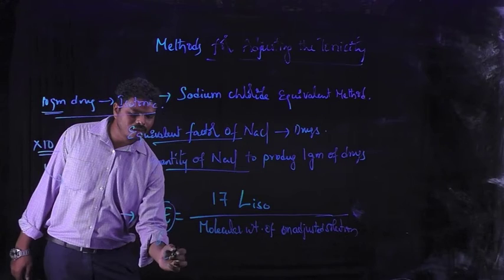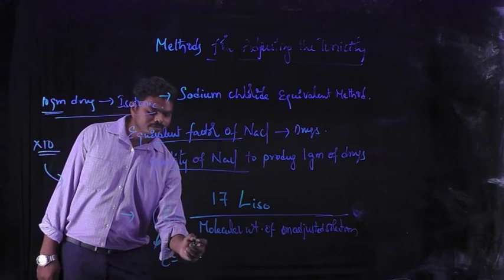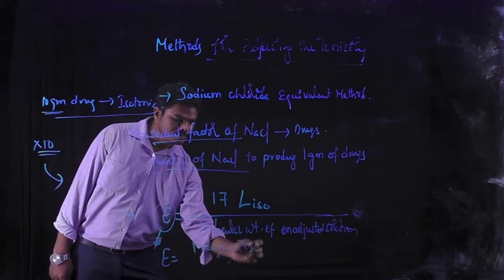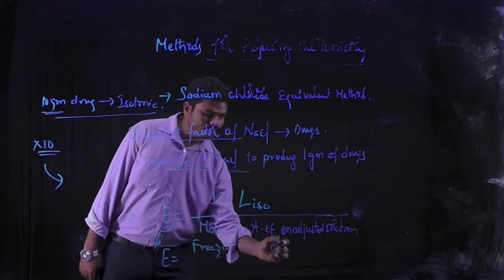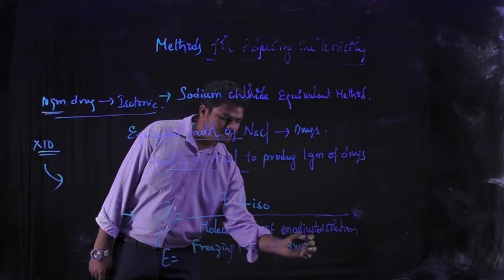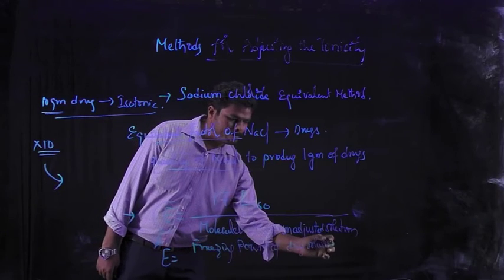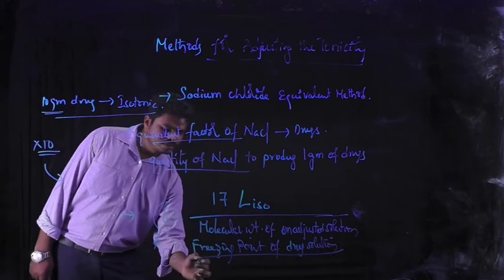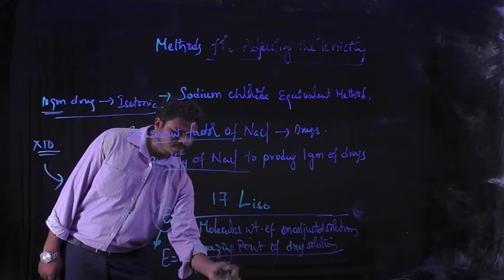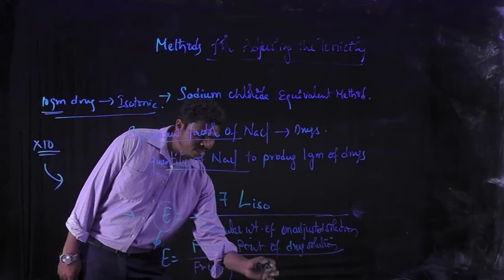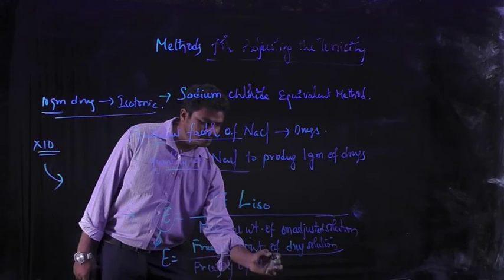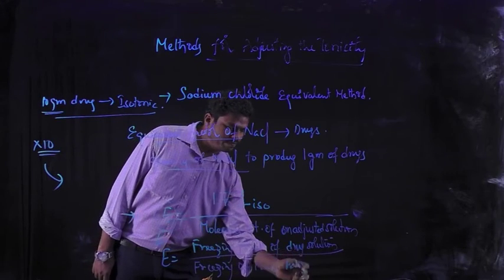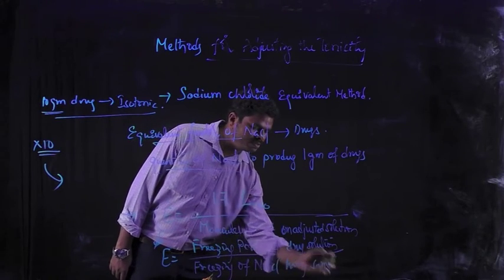So E can be calculated by using the formula: freezing point of the drug solution divided by freezing point of NaCl having the same concentration as that of the drug.